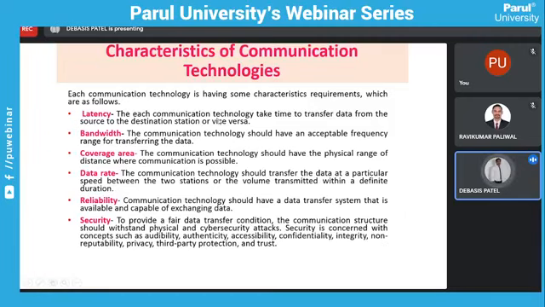Each communication technology takes time to transfer data from source to destination or vice versa. Whenever your Wi-Fi takes some time to transfer the data from source to load end and load to source end also, that is called latency, the time required. Obviously this time required should be less. Whenever you are preparing some communication technology, this latency should be less.